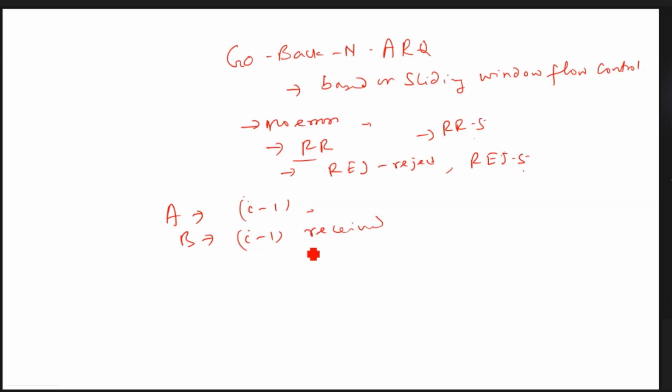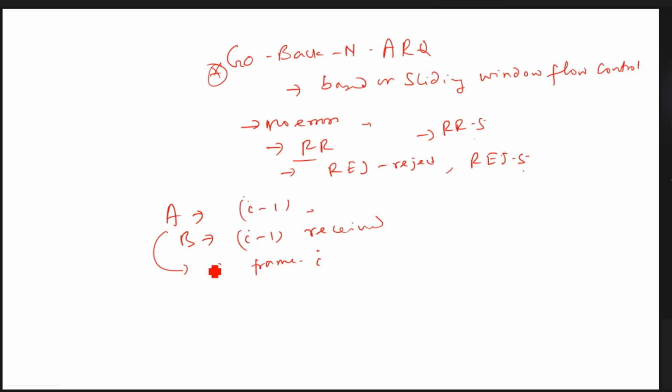So next, A transmits the I-1 frame, and B received it. And next, obviously, A will transmit the frame number I, right? And now you see what Go-Back-N protocols consider.